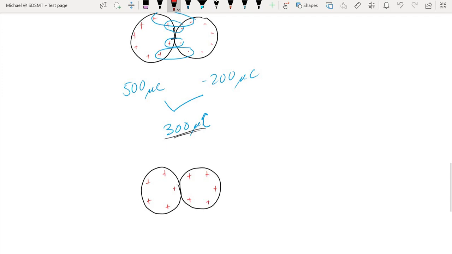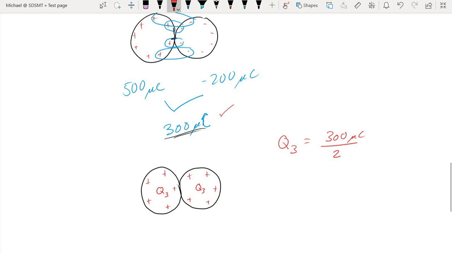Each of these spheres is now going to have a new charge value, which is equal. We have to take the remaining charge and equally distribute it over the remaining surface area. So each of these spheres now has a new charge value, charge 3, which will have to equal half of the remaining charge.